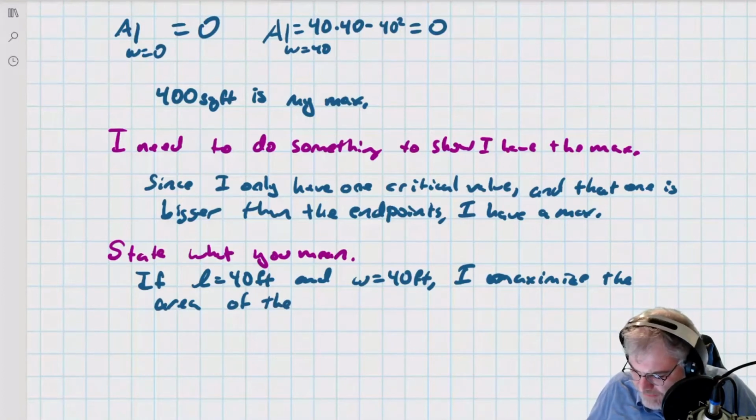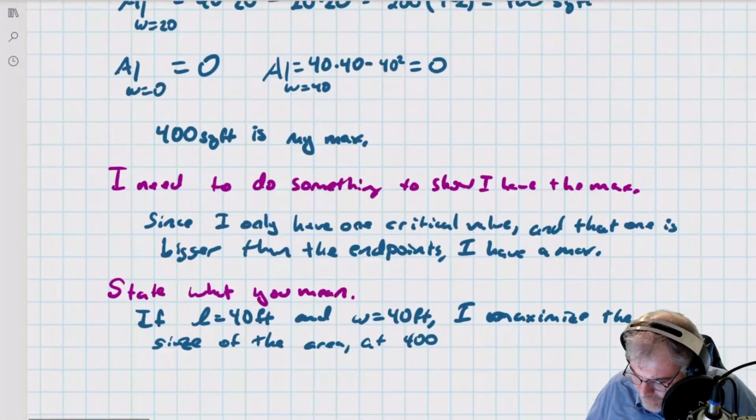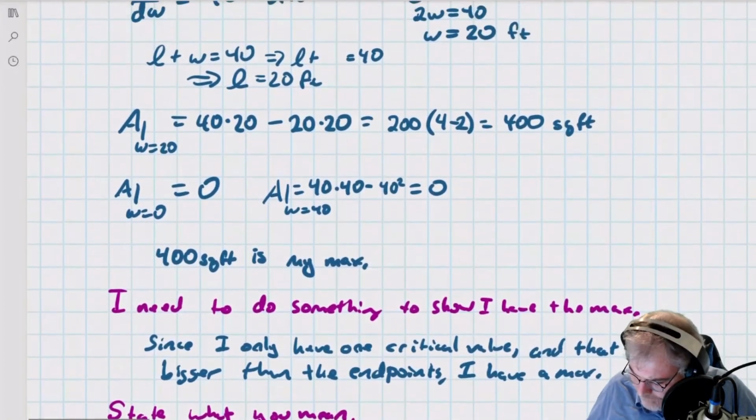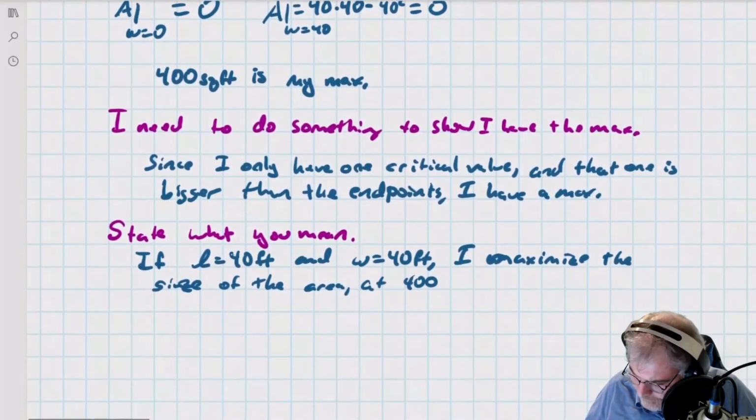I maximize the size of the fenced-in area, I guess. Area at 400. Was it 40 feet or 20 feet? 20 feet. At 400 square feet.